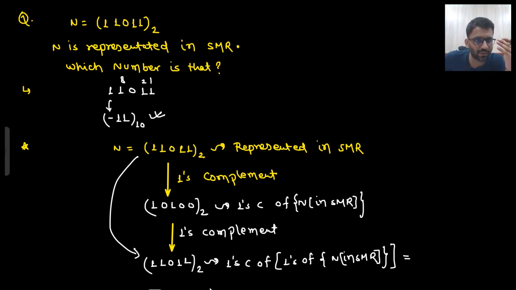If you take that one's complement twice, you get the same number, which is denoted in signed magnitude representation. Make sure this number is in signed magnitude representation. So if a number is represented in sign magnitude representation, you take one's complement of that, and again you take the one's complement, you get the same number.